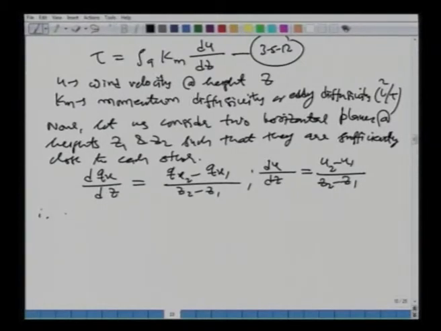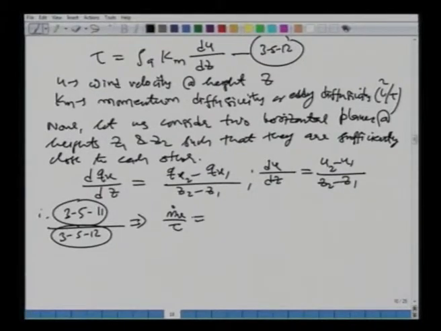Therefore, if I use these two expressions in 3.5.11, and divide that by 3.5.12, that will give me mv dot over tau.